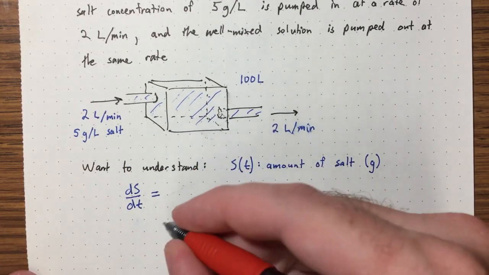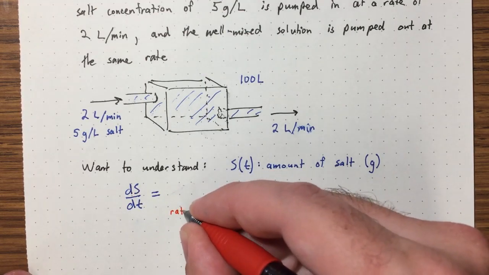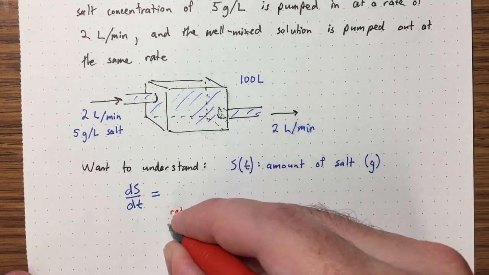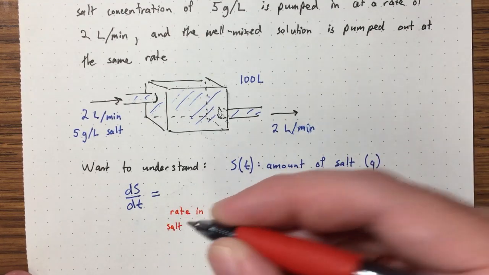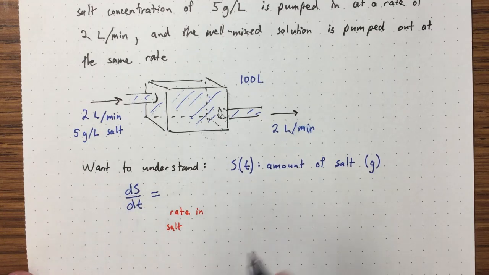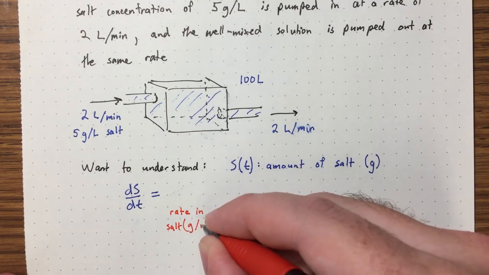And so our expression for dS/dt is going to look like this. We're going to have the rate in of the salt. And what are the units here? dS/dt has units of grams per minute, so grams per time. So it's the rate in of the salt in grams per minute.